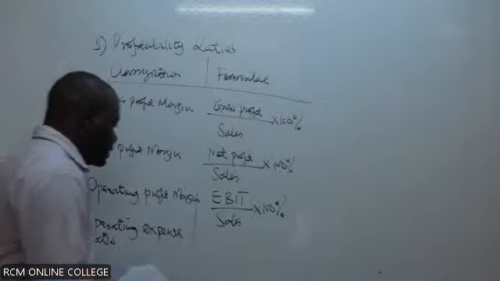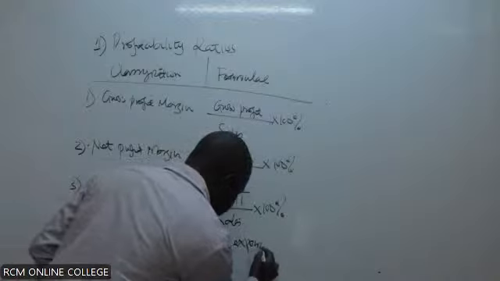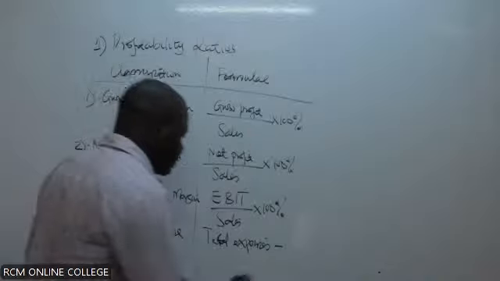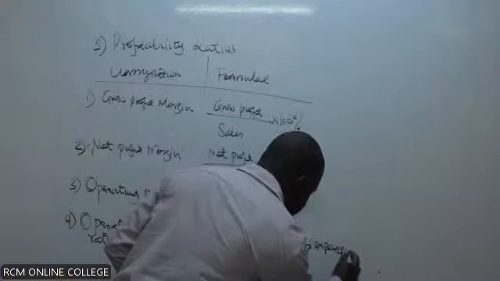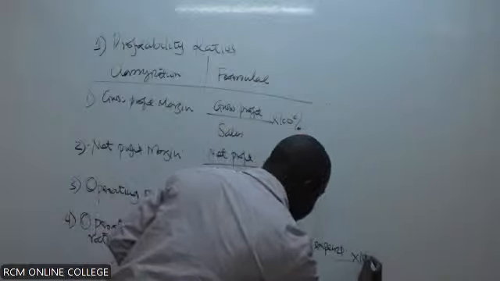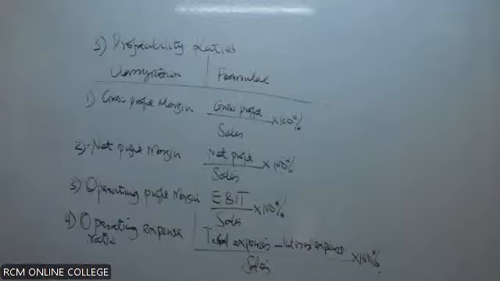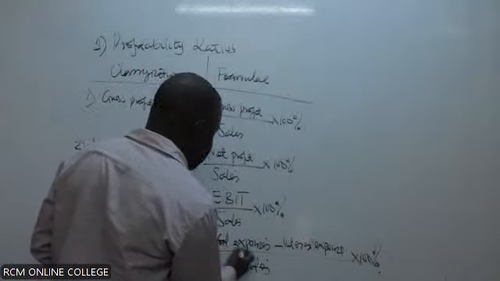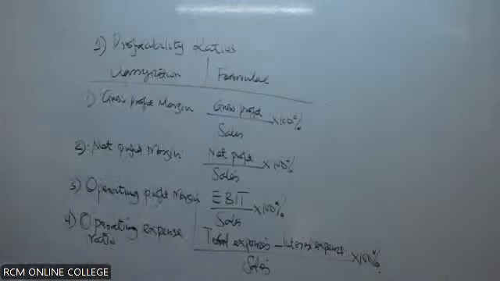So it means you take the total expenses, you deduct interest expense, then you divide by the sales, then you multiply by 100%. So you can see all the ratios here are presented as a percentage. You get your total expenses, less the interest expense. Interest expense is the one we learned under borrowing costs.